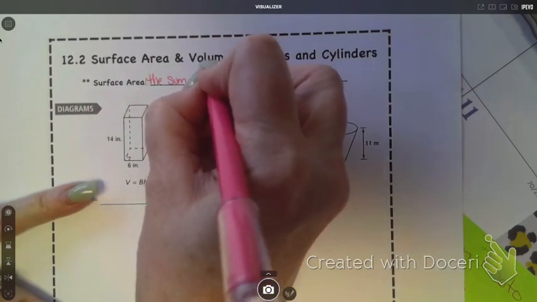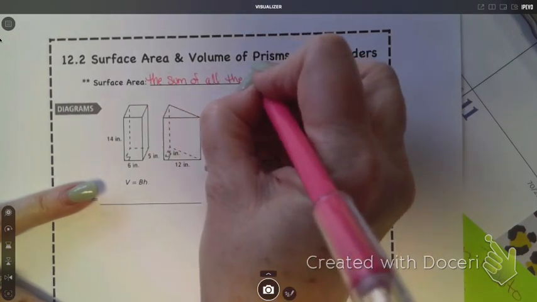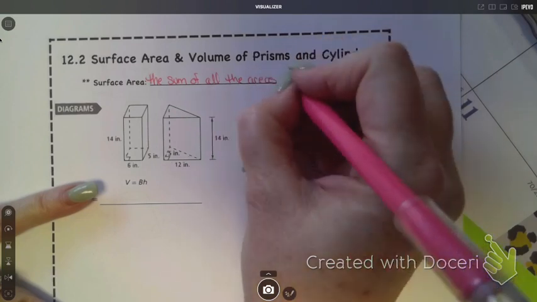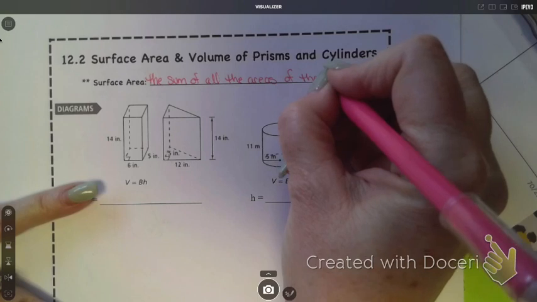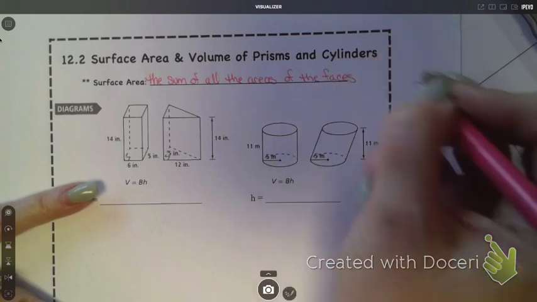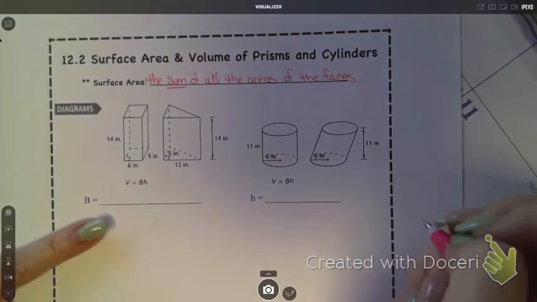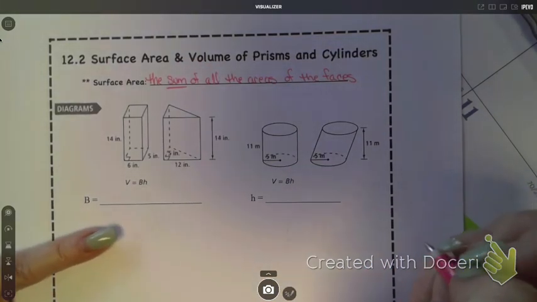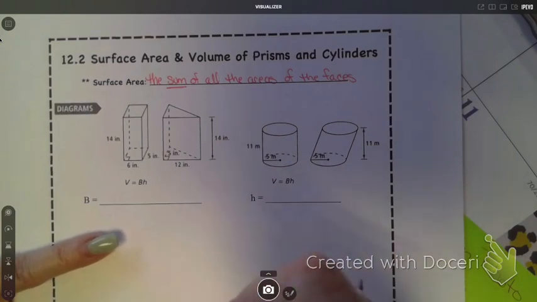of all the areas of the faces. So sum means you're going to do what? Add them up. Kind of like if I asked you for perimeter, you would add them all up, right? But you can't do perimeter of three-dimensional objects.